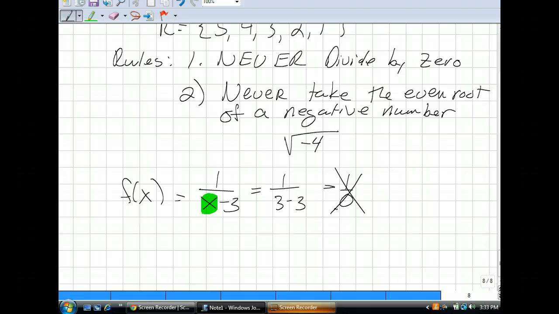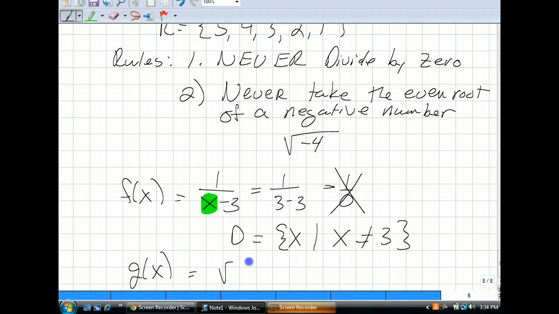So we say that the domain is all x such that x cannot equal 3. Meaning I can use any other real number in the whole world that I want, but I cannot use the number 3.